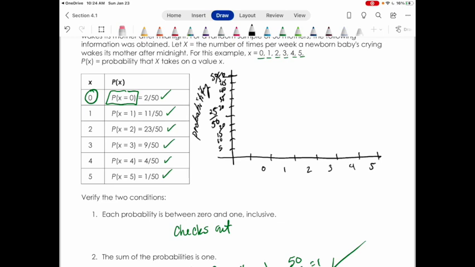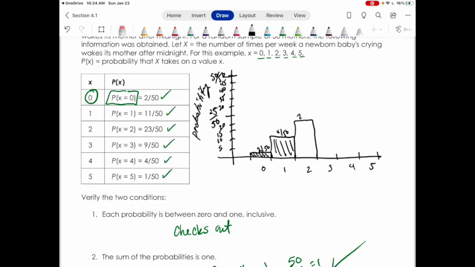Okay, so if I plot at 0, I'm going to make my bar for 0, which would be up to 2 out of 50. So that bar is going to be really low. Then my next bar is going to go up to 11 out of 50.